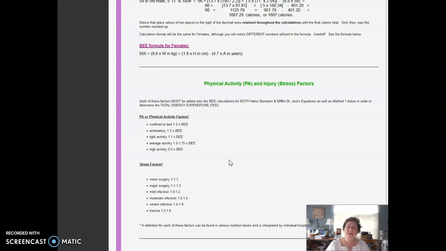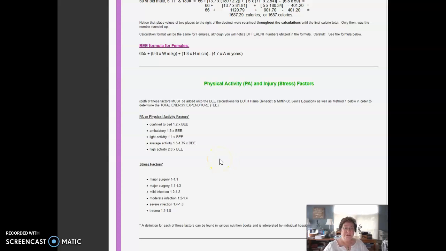So unless I'm specifically telling you to include an injury or stress factor, you just are adding this physical activity factor. So we consider the formula calculation straight up as the BEE, or basal energy expenditure calculation. And then you multiply that by an activity factor.